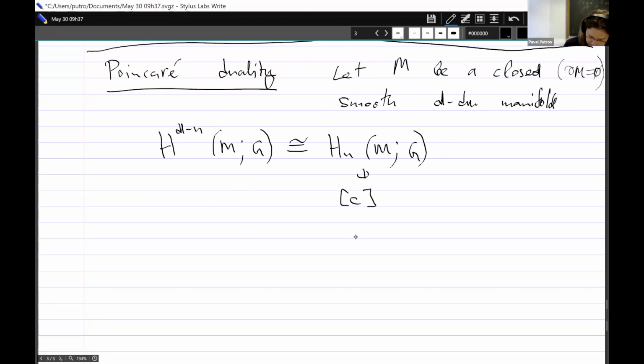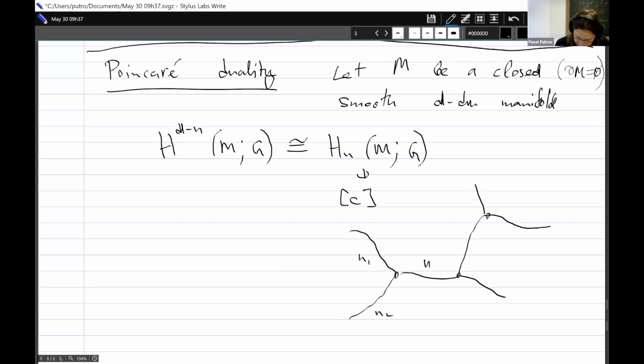Again, it can be understood as some sort of network of defects colored by elements of the group. And so we need to assign to it a class of some cochain.